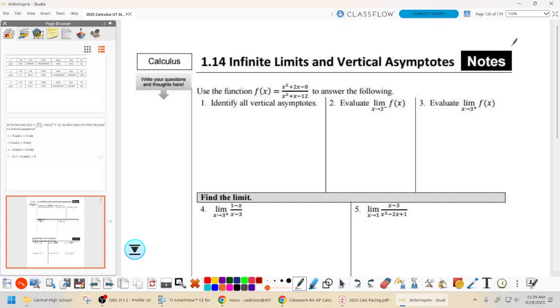So what do we need to do to find vertical asymptotes first, typically? It's factor. So let's factor this. What do we know?